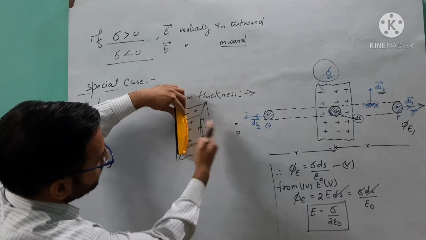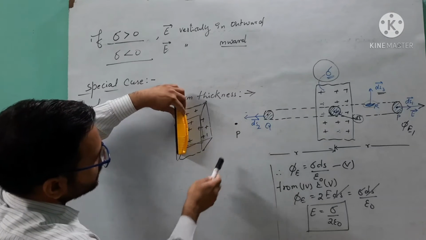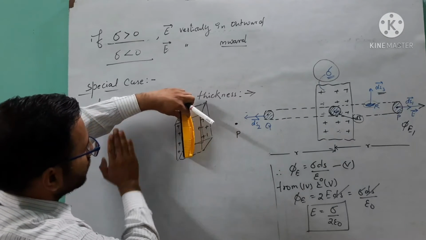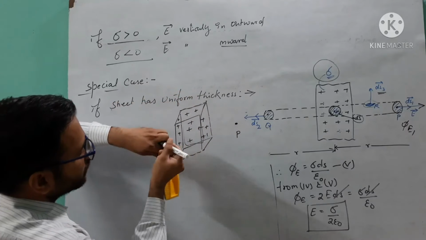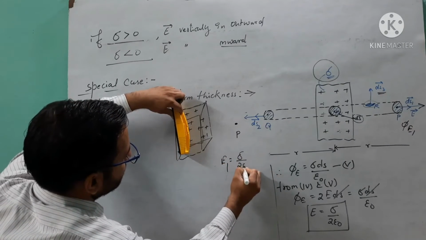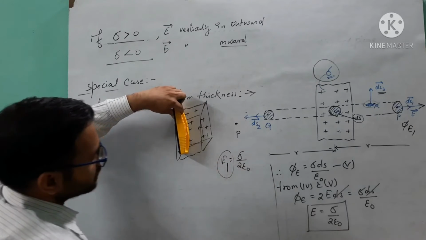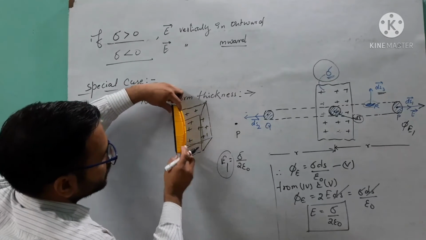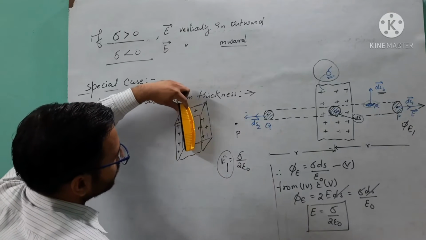So due to this surface we will calculate the electric field intensity at point P, and similarly at any point Q, which is sigma over 2 epsilon naught, say E1.